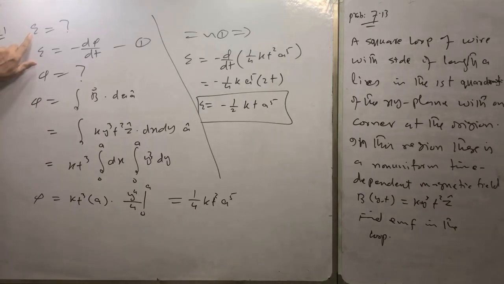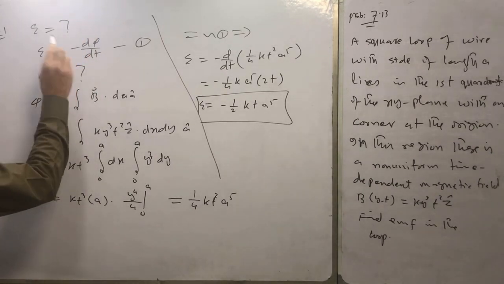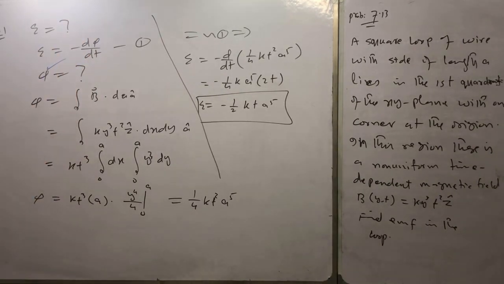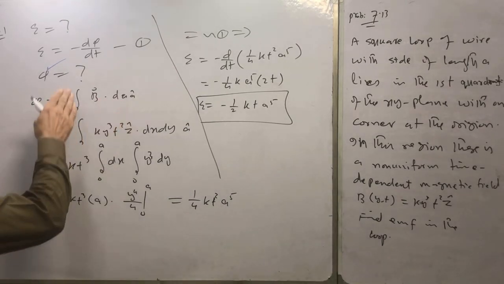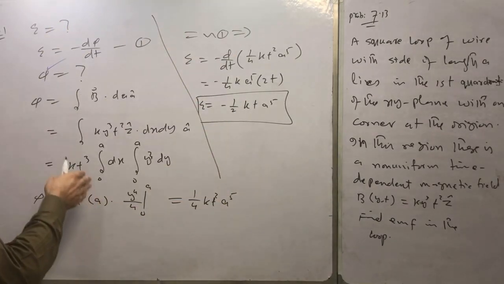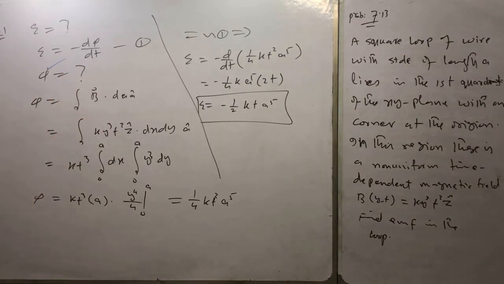This is very simple, because we should find E, and E is equal to, from Faraday's law, minus d phi divided by dt, and from this equation we need phi. And how to calculate phi? Phi is equal to the integration of B dot dA, because this is a square loop which is in the xy plane.